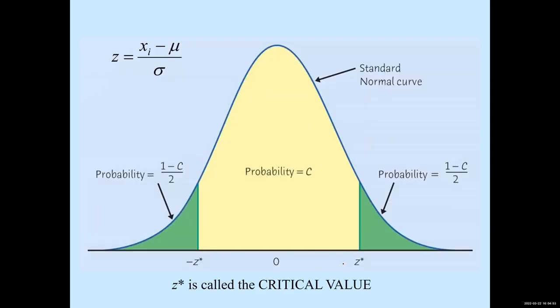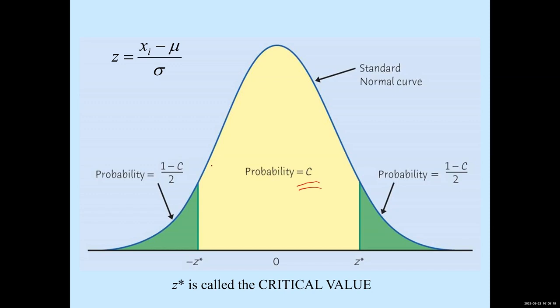All right, so how do we find those Z values? Let's look at this in a little bit more detail. We're going to have this area C that's going to be in the middle of our distribution. So we're going to have the leftover distribution, 1 minus C. If this area C is in the middle, a total of 1 minus C is left over in the tails, in the green area.